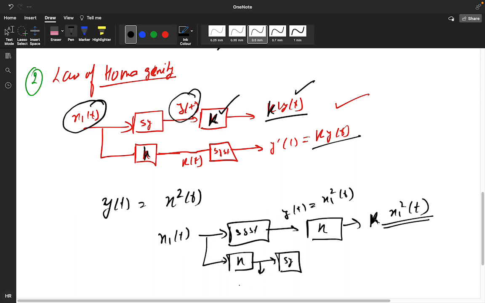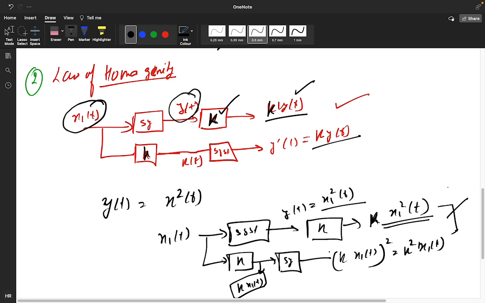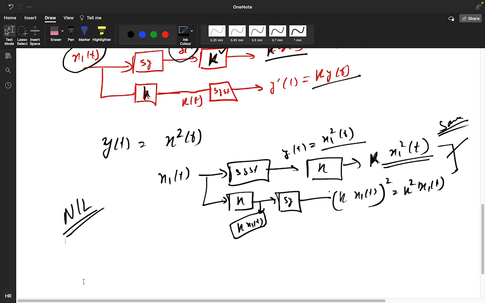The input is k x1 of t, and the system squares the input, so k x1 of t whole square comes, which is k square x1 square of t. These two are not the same, so this is not following the law of homogeneity. The system is non-linear.